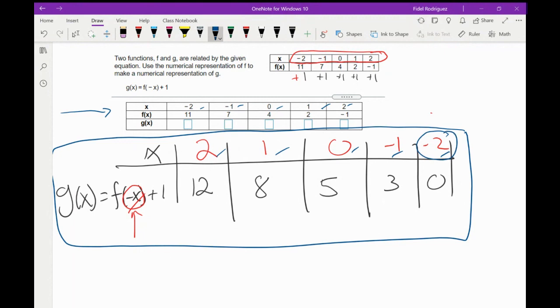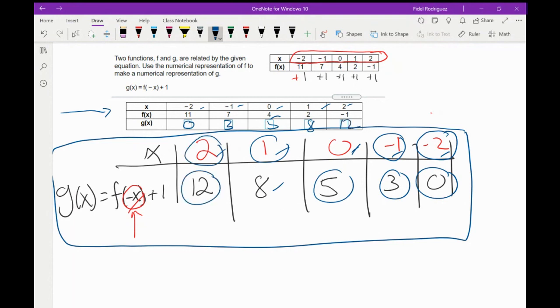That means that when x is -2, my y number is 0. And when x is -1, my y number is 3. And when x is 0, my y number is 5. And when x is 1, my y number is 8. And when x is 2, my y number is 12. And so those are going to be the numbers that I'm filling in.